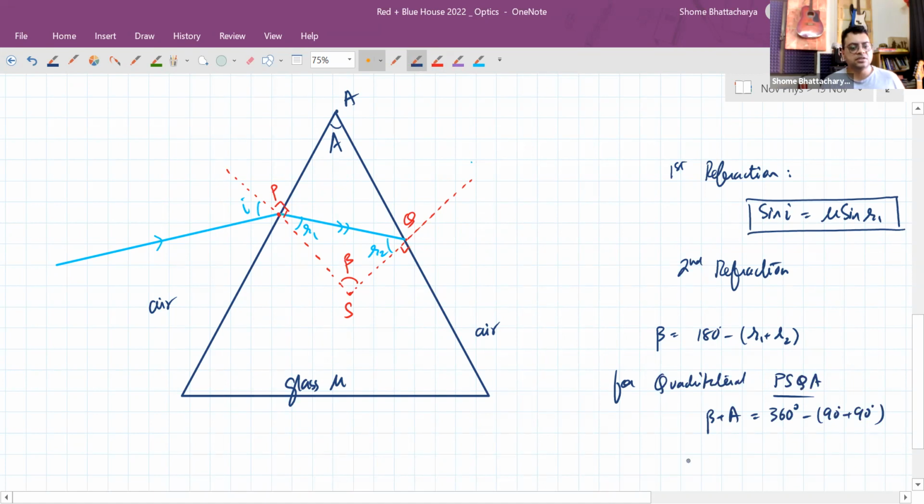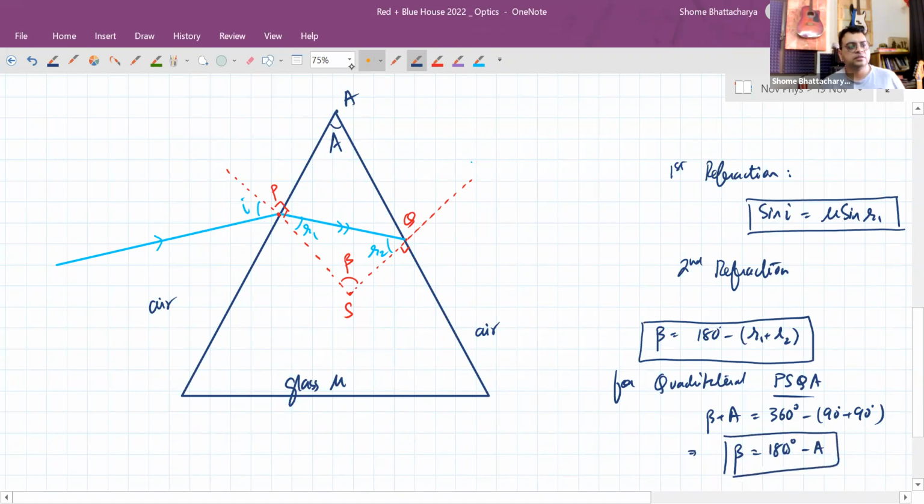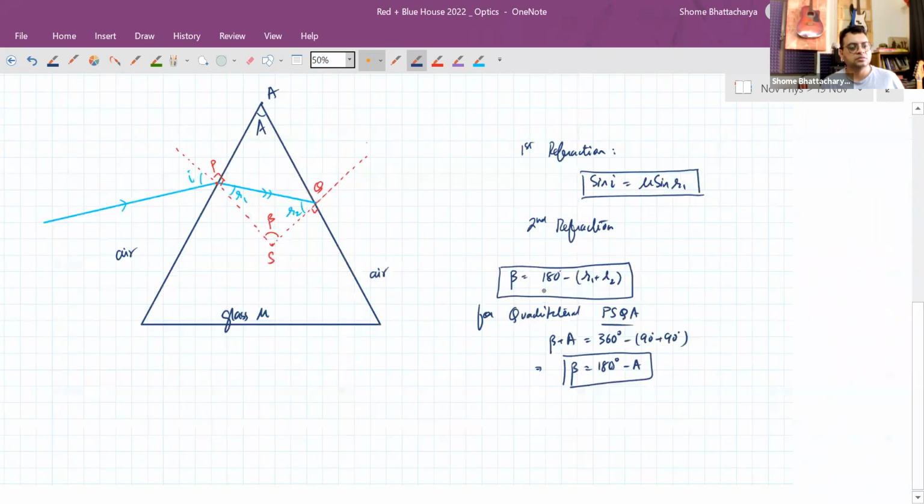So that gives us an important relationship, that beta is 180 minus A. When we combine this relation with the previous one, we get another important relation.